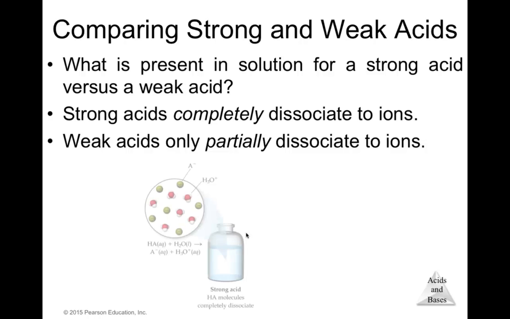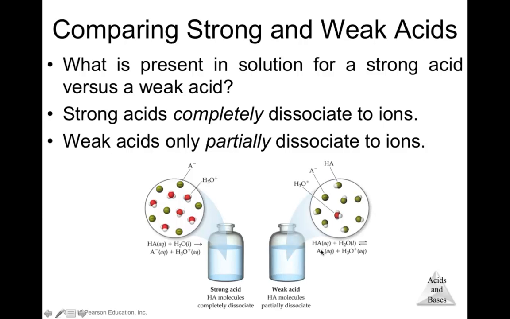So here, for example, this is a strong acid: HA plus H2O producing A minus plus H3O. We can see here that all the molecules are the conjugate base, and you have also the H3O, which is the product when the water acts as a base and receives that proton from HA. So in the strong acid, this is what you're going to see in that sample.